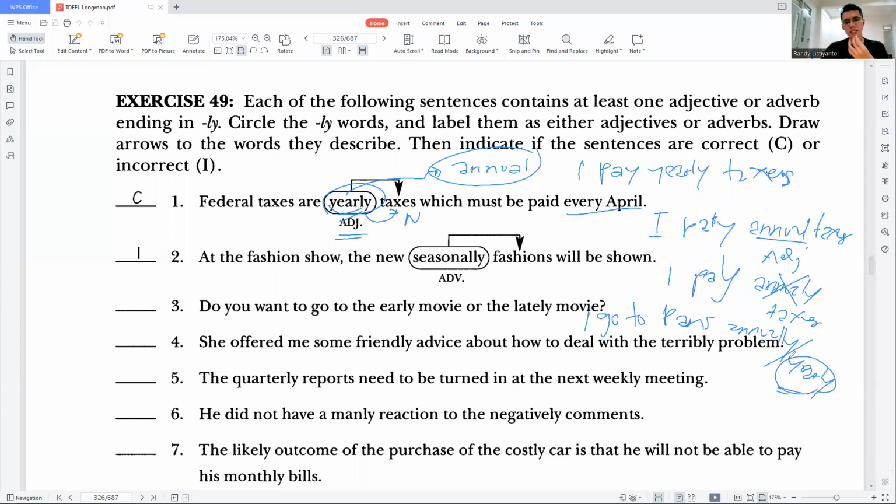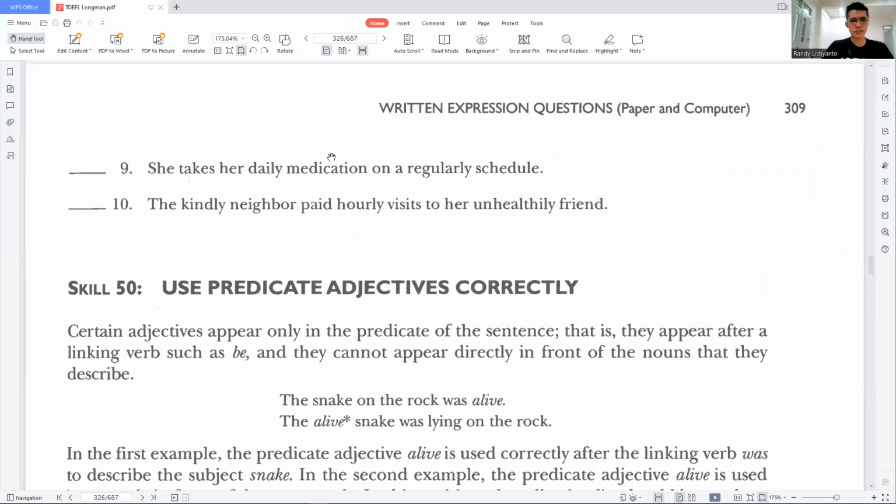So yearly can be considered both an adjective and an adverb, depending on the context. But annual is an adjective, and annually is an adverb. So once again, an ly adjective can sometimes be considered an adverb, but it depends on the context. Let's continue to the next skill.